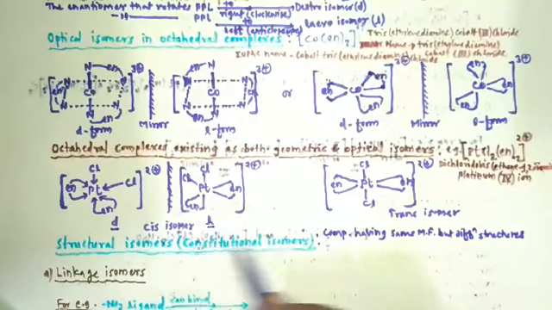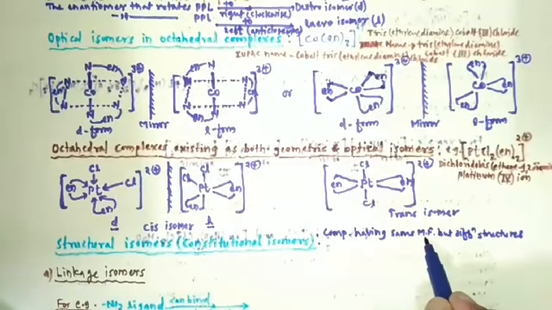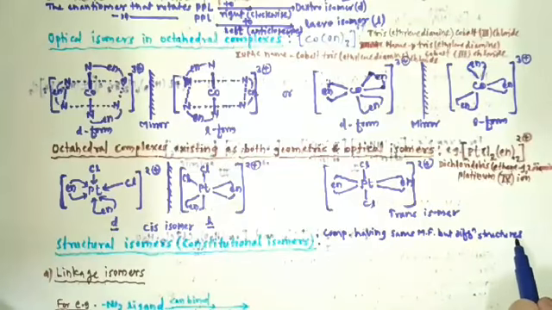So structural isomers are nothing but compounds having the same molecular formula but different structures.